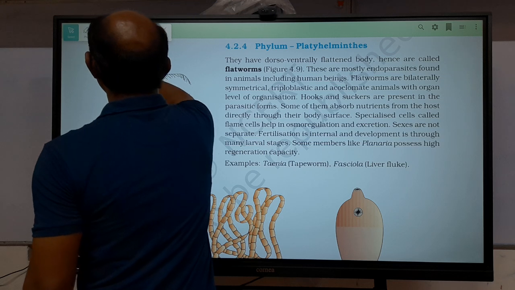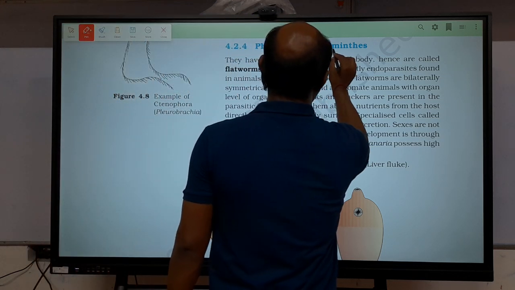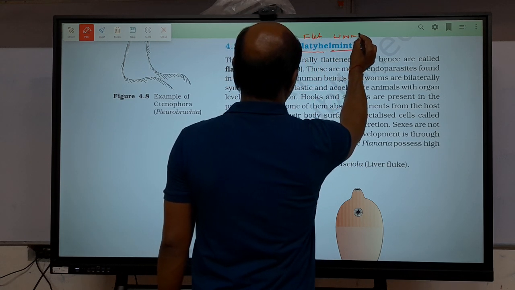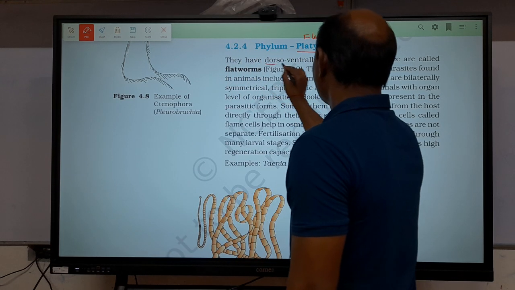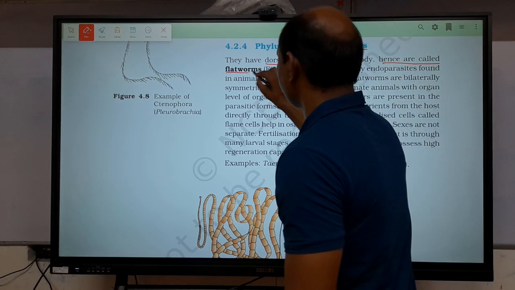Platy means flat, helminths means worm. So flatworms, because of the dorso-ventrally flattened leaf-like structure, are called flatworms.